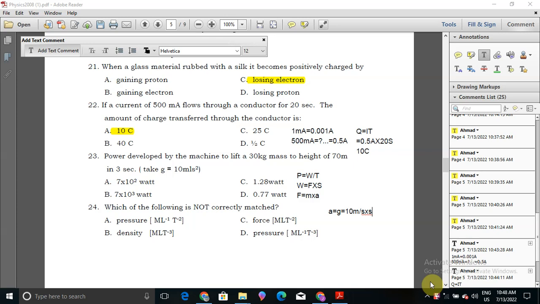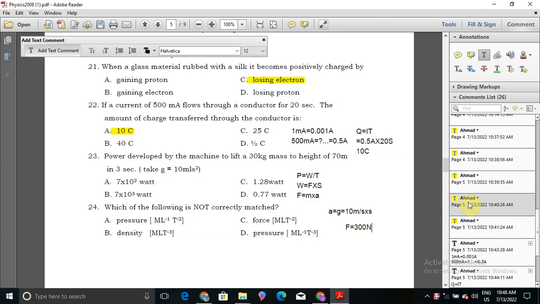So that means 30 times 10, it will be 300 Newton. For force, we will get force is equal to 300 Newton.